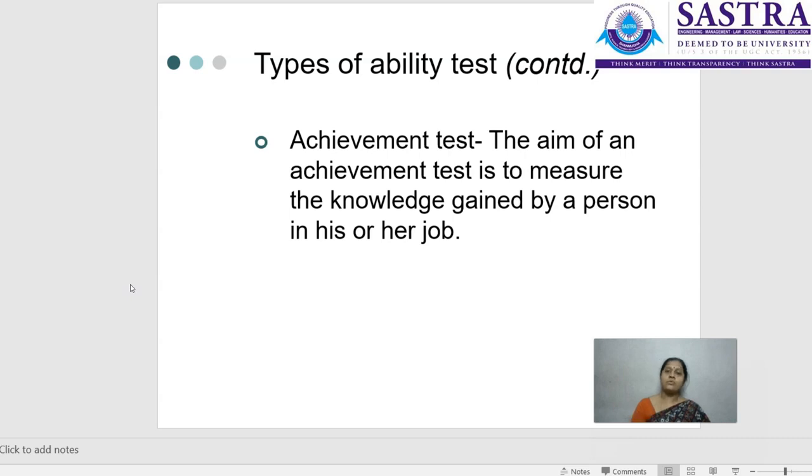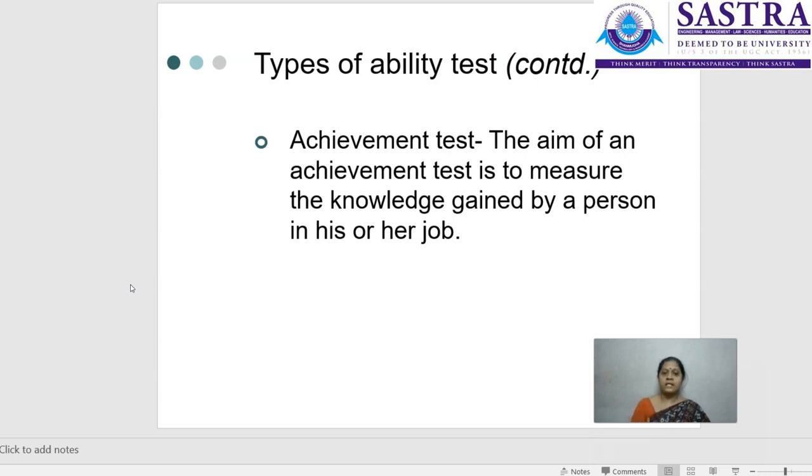An example for the achievement test is a typist. For a typist, the speed and accuracy is very important in the job. So that is the achievement test that we can give for the typist.